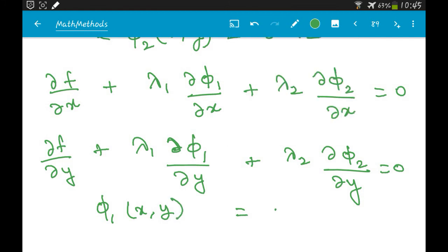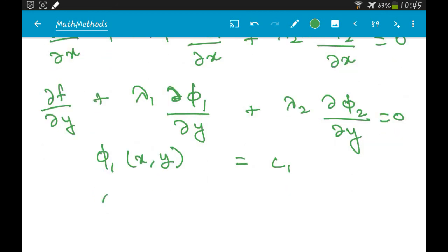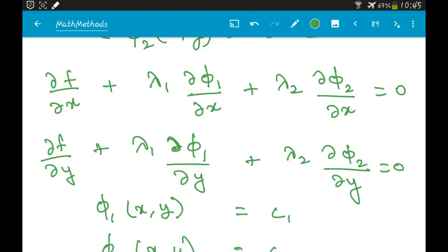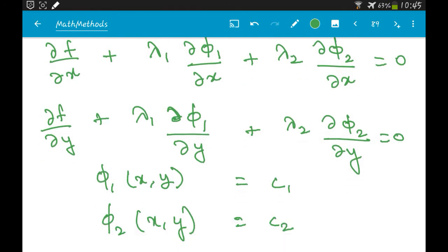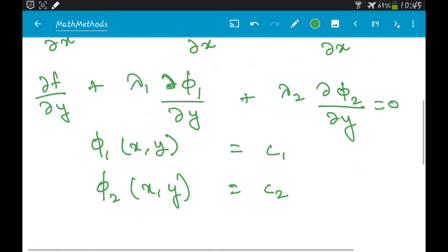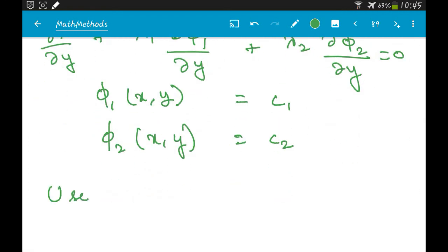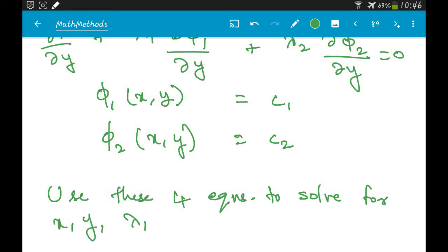Phi 1 of x, y is c1 and phi 2 of x, y is c2. Okay, this is how you will do it. So you'll have 4 equations to solve for 4 unknowns, which is x, y, lambda 1 and lambda 2. Right? So use these 4 equations to solve for x, y, lambda 1 and lambda 2.